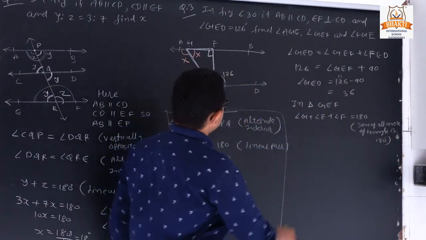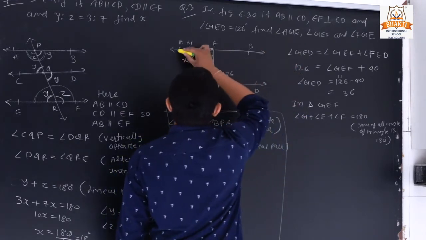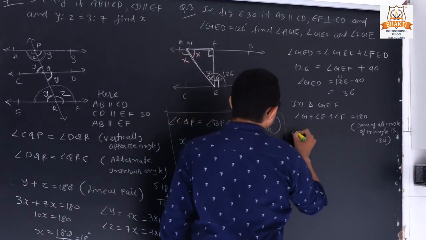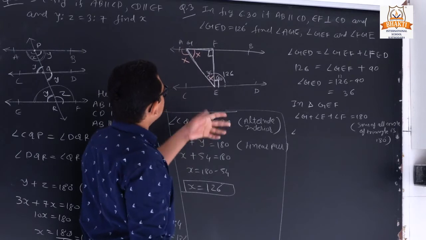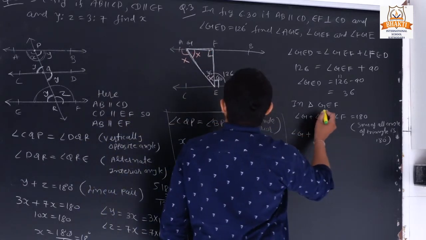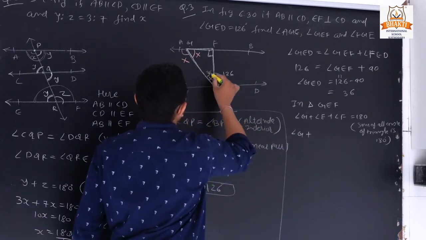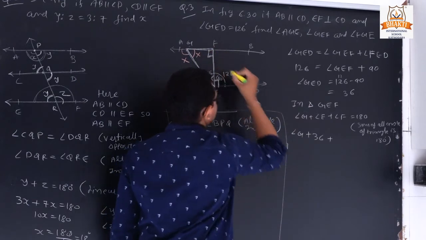Now angle G means what? Angle AGE. Clear? We can also write angle G or AGE because the meaning will remain the same. So angle E is given, this angle is 36 degrees, and angle F is 90 degrees.